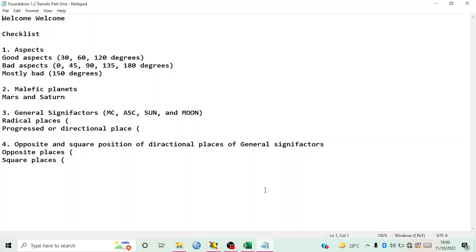However, I wanted to highlight this last aspect, the aspect of 150 degrees. I'll say that this 150 degrees aspect is bad. It's bad, yes. However, I'm yet to figure out when it's not bad.